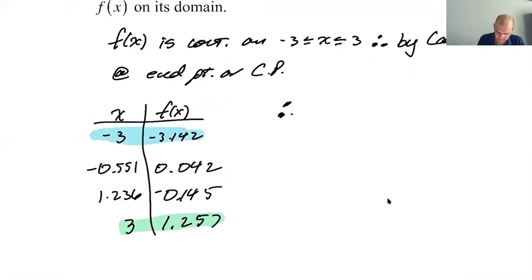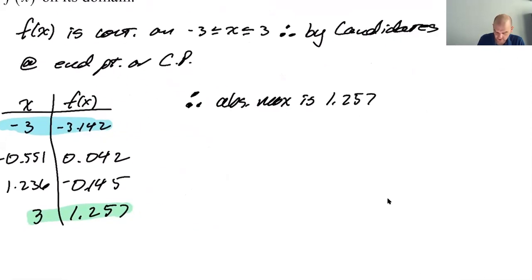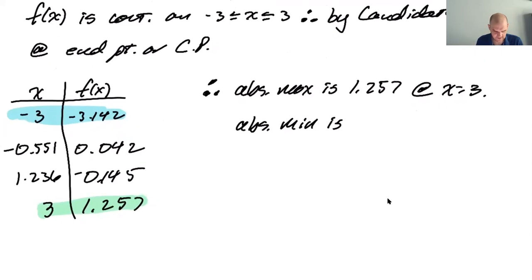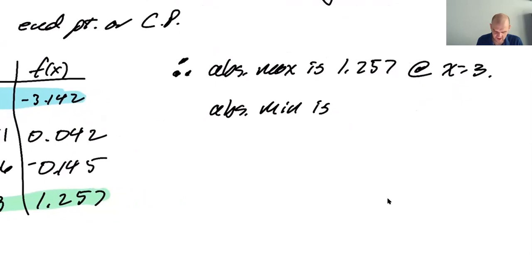So therefore, the absolute max is 1.257, which occurs at x = 3. I always put that just because sometimes it asks for the x coordinate, sometimes it asks for the y coordinate.